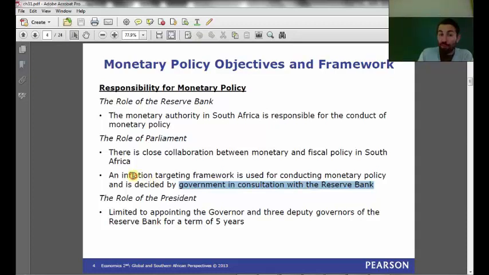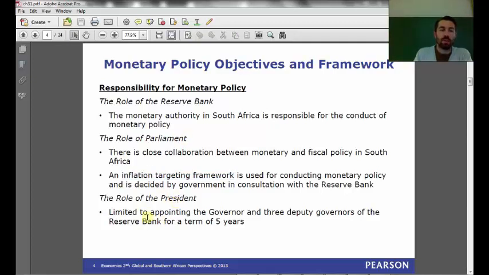So the framework, inflation targeting as a framework, is decided by government and the Reserve Bank, but the target and the mandate, which is price stability, is determined by Parliament.